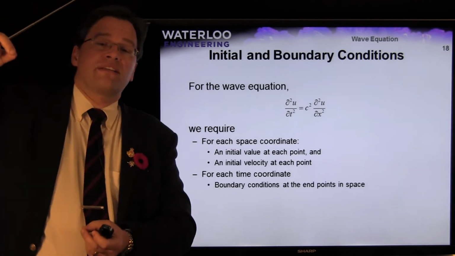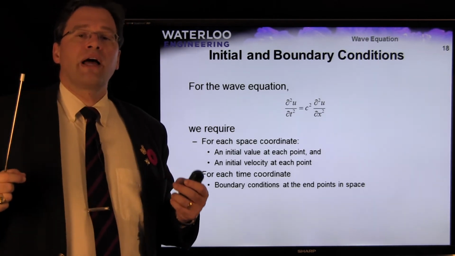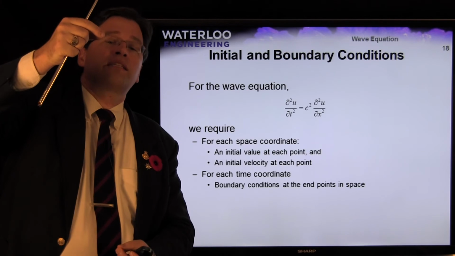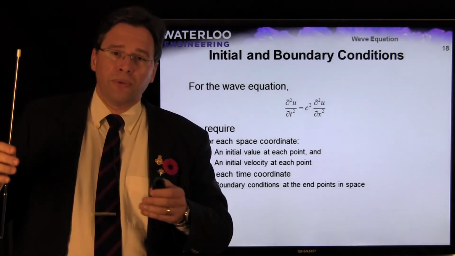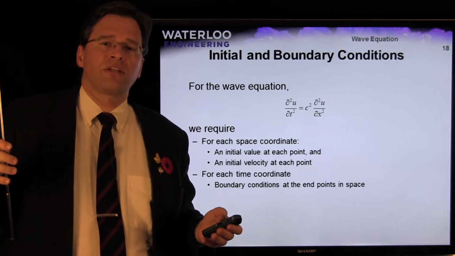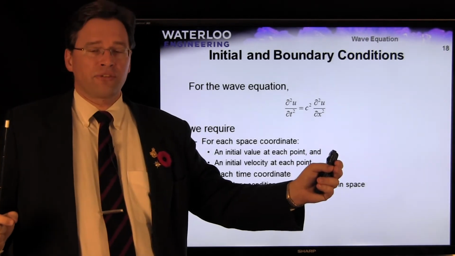For each point in time, as we progress into the future, we will have to know the boundary conditions at the two endpoints of the spatial interval. So essentially, at least in this example, we are fixing ourselves to an interval of space over an interval of time.